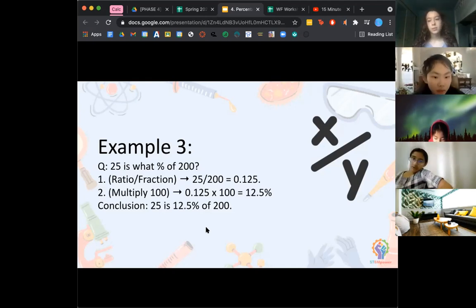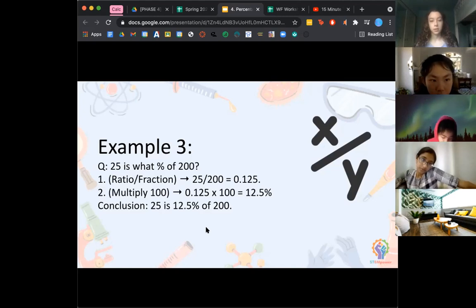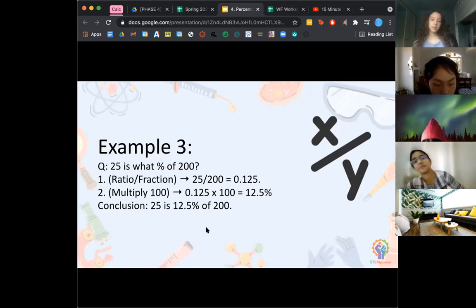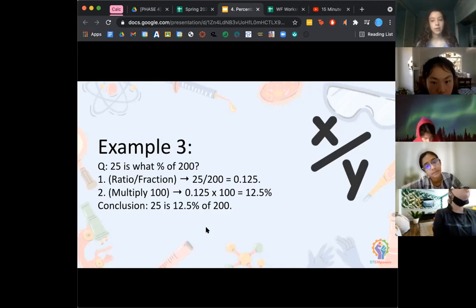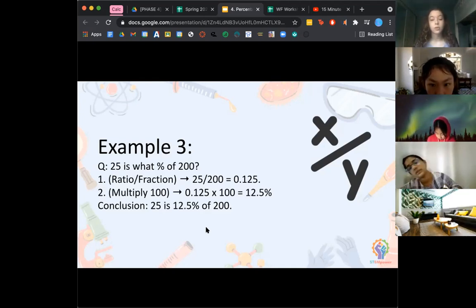So the whole is typically, pretty much always for now, going to be the bigger number. So 200 is bigger than 25, of course. So you put 25 divided by 200, 0.125. And then you take that decimal and multiply by 100 to get 12.5%. So 25 is 12.5% of 200. Any questions about this?